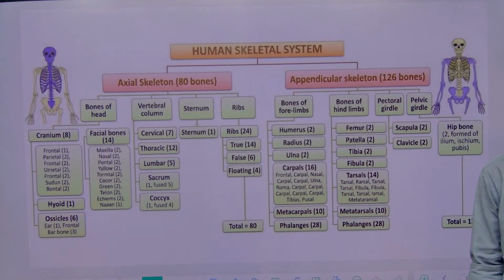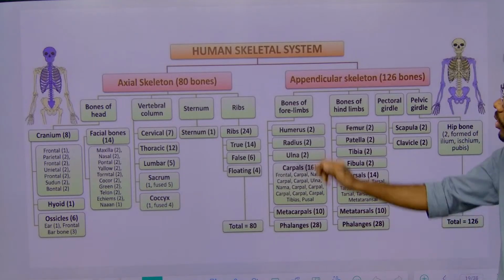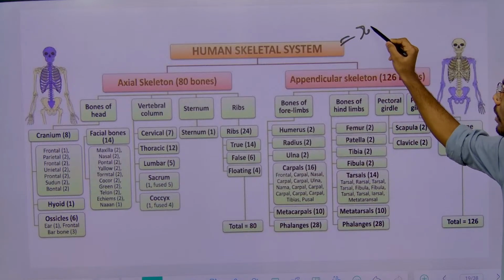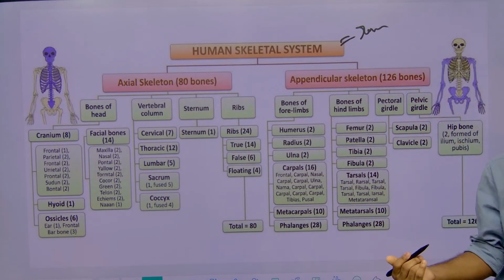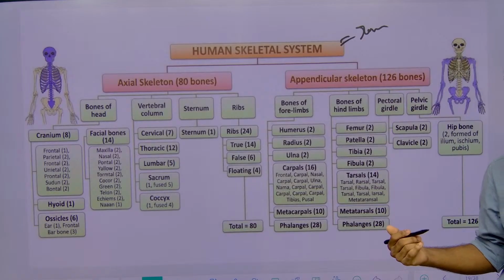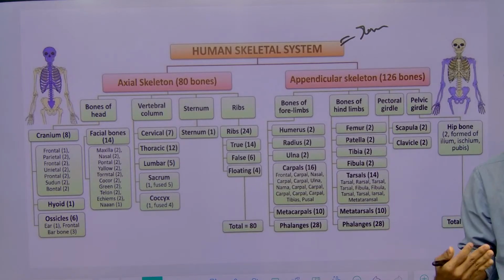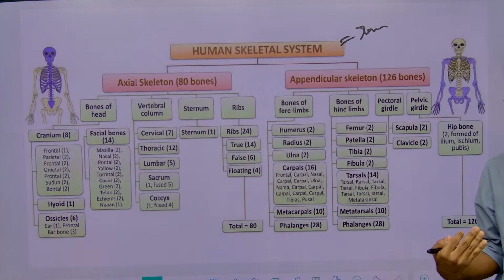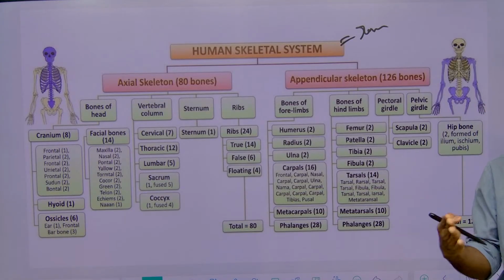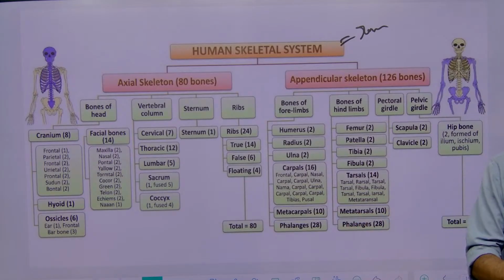This entire human skeleton system is all about remembering rather than understanding. Here there is no concept. Here you have to remember the things: what we have, how many bones we have, what the different types of bones are, and how the bones are classified into different categories.